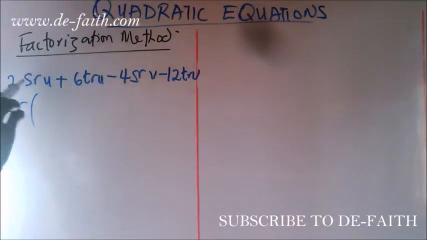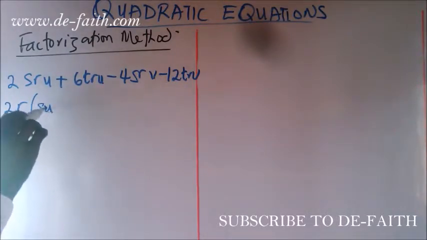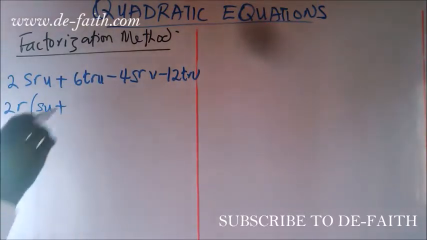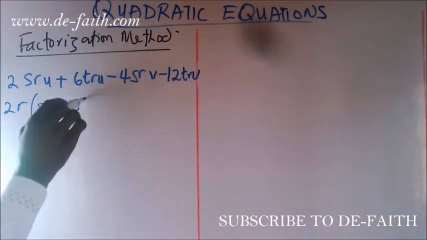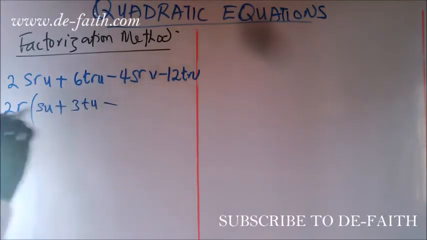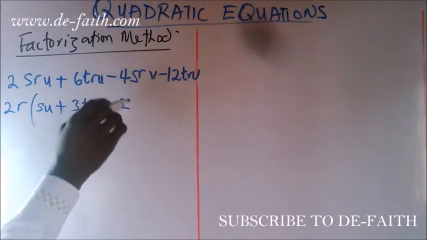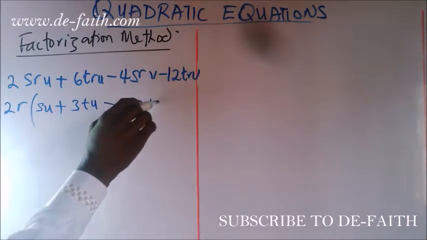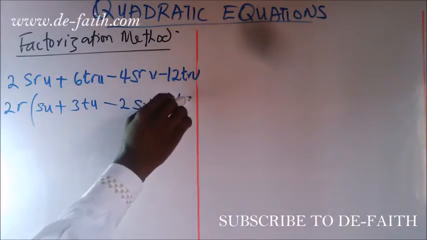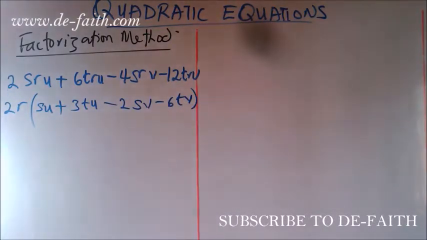And when we bring out 2 and R from here, we have SU left. When we bring out 2 from 6, that's 2 into 3. We have 3 left. Then we have T and U. And then we have minus 2 into 2, that's 4. And then we have SV. Then minus 2 into 6, that's 12 TV. That's what you have left there.